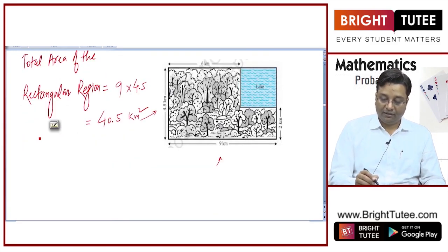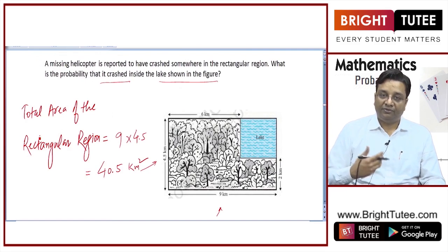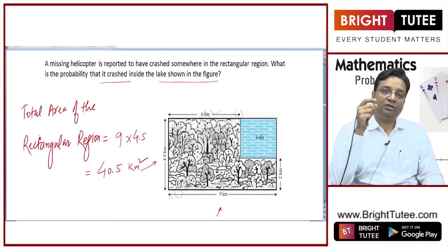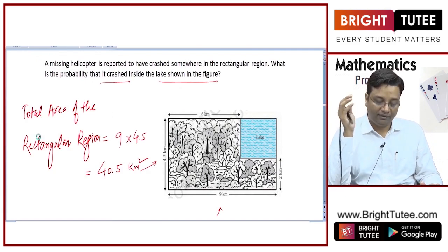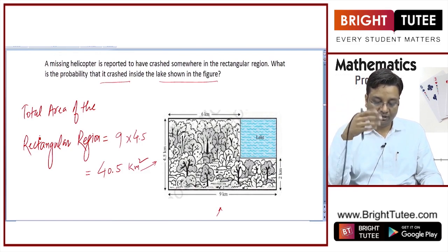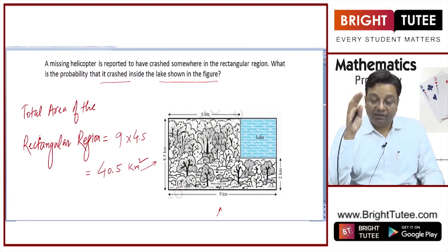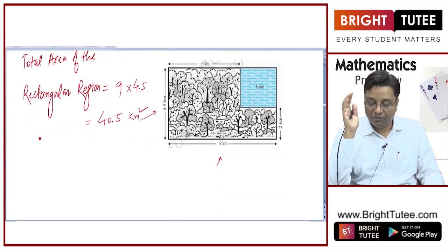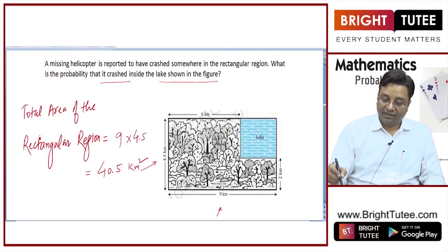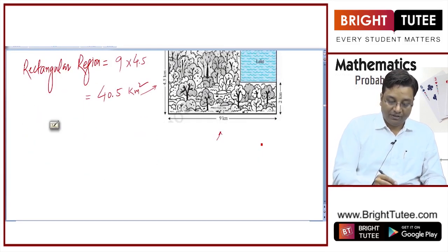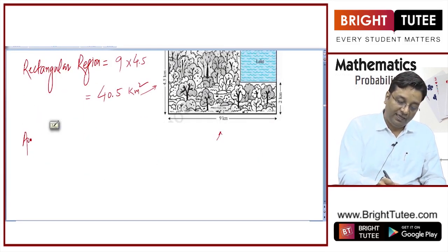What is, let us say, the favorable outcome? We are talking about mathematical language here, right? In this question, we are talking about a crashed helicopter. So let us think from the mathematics perspective. What is the favorable outcome? That it crashes in the lake. So let us talk about the area of the lake here.